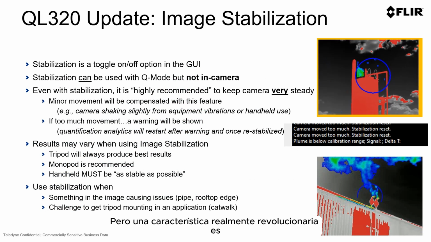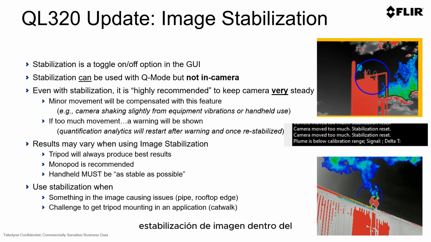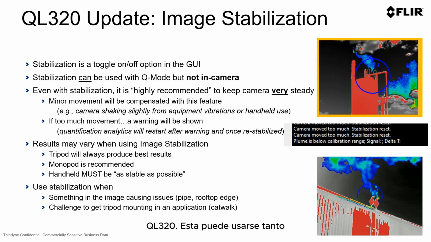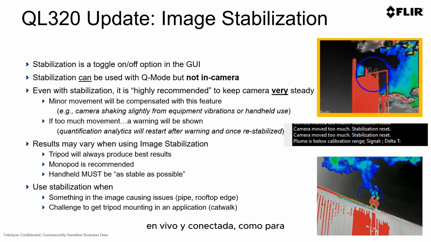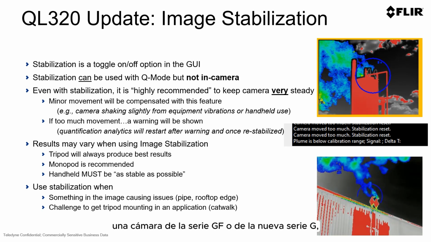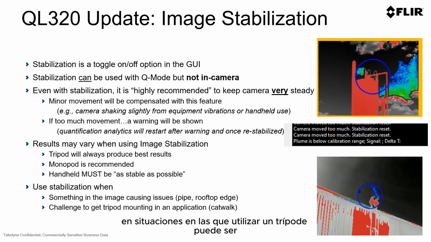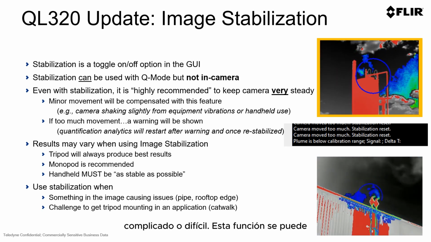But a really revolutionary feature is the new image stabilization feature and an image stabilization option within the QL320. This can be used either live and tethered, or it can be used to post-process a Q mode video from a GF series or a new G series camera in which utilizing a tripod may be challenging or difficult.